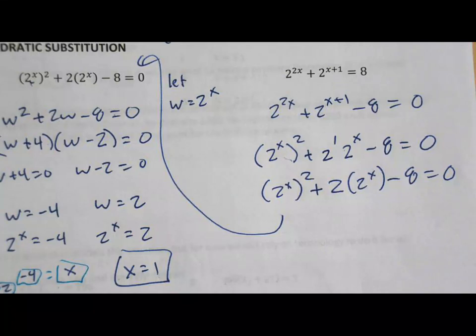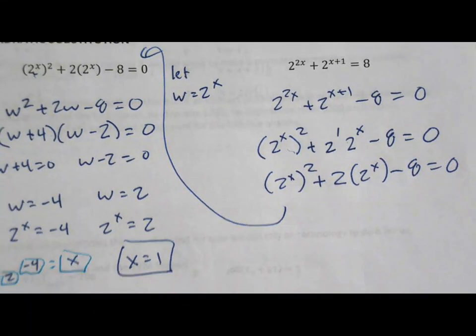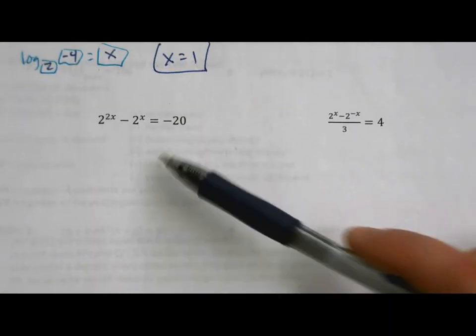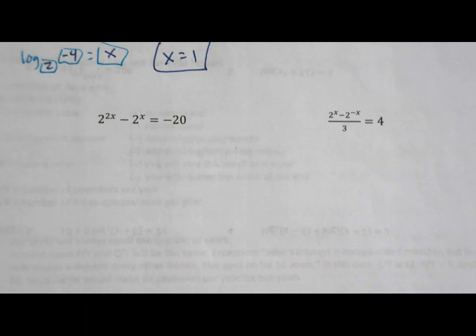So I want you guys to give this a shot. Could you please follow the same steps that we just did up there with this one? See if you can make it look like a quadratic. Maybe start by getting that -20. See if you can do something so that that ends up on the left-hand side and we got a 0 on the right-hand side.